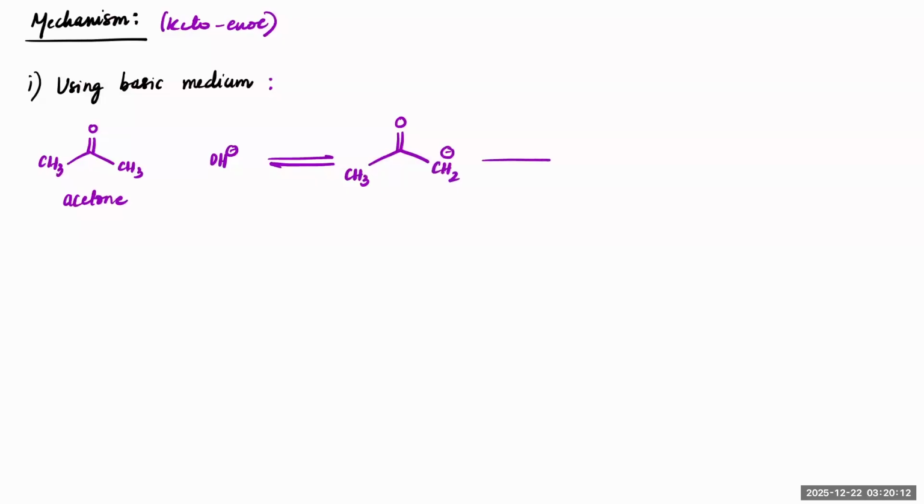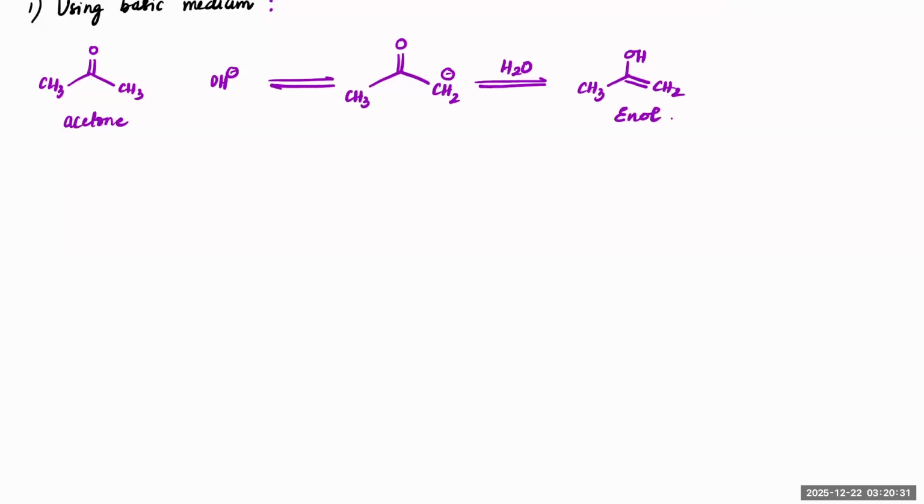And this CH2 minus, followed by hydrolysis, will give us CH3 C(OH) double bond CH2, which is enol. Okay, this is the enol part.